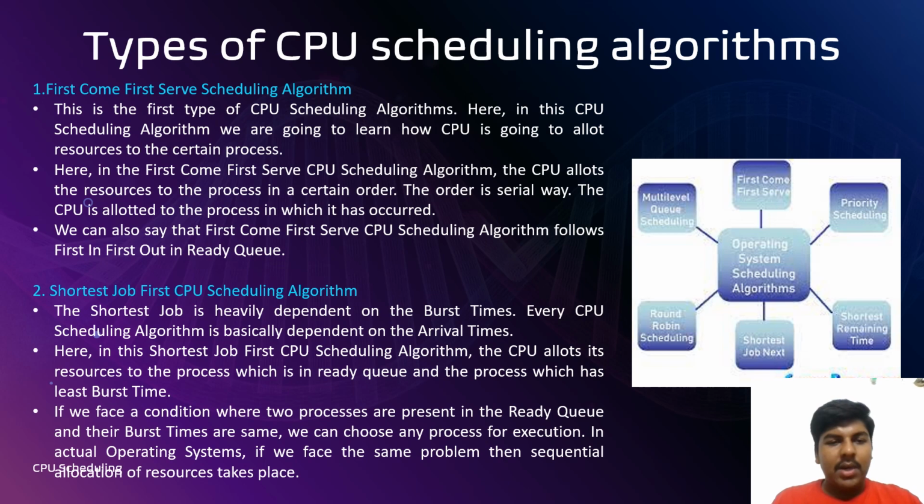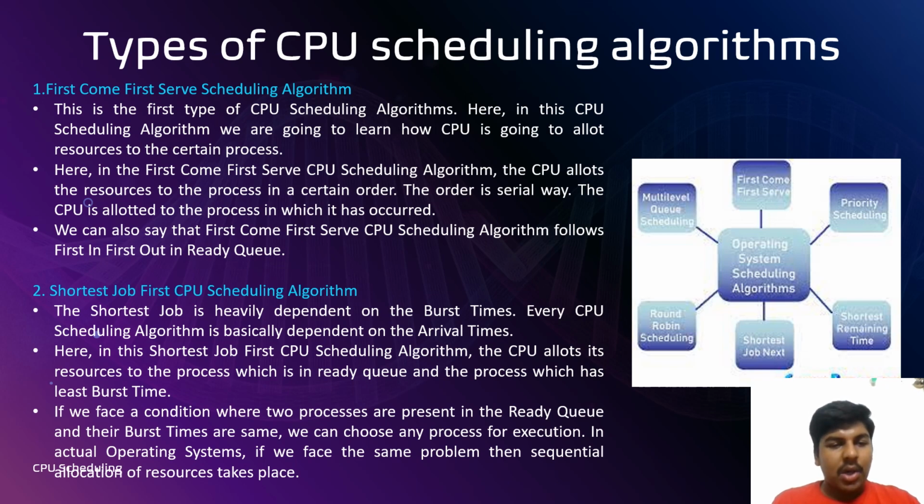In first come first serve, the CPU allots the resources to the processes in a certain order, the serial way. The CPU is allotted to the process in the order in which it has arrived. We can also say that first come first serve follows first in first out in the ready queue.